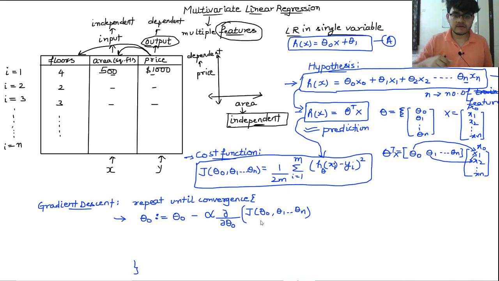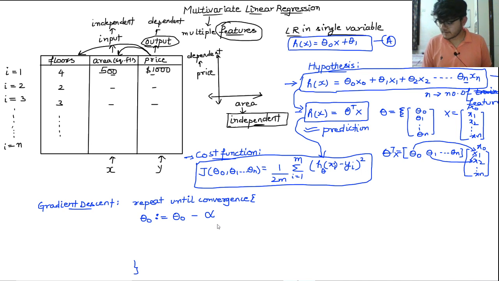And if you remember, the result you will obtain is 1 upon m, the 2 will get cut, and then sigma goes from i equals 1 till m of h theta of x i minus y i, dot x 0, and here I'm going to write i.